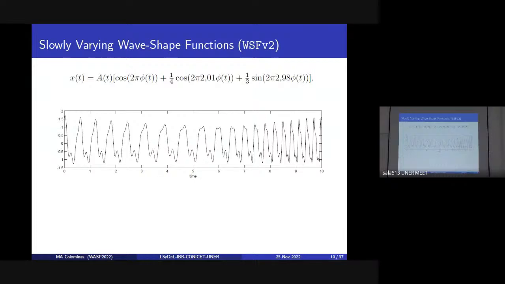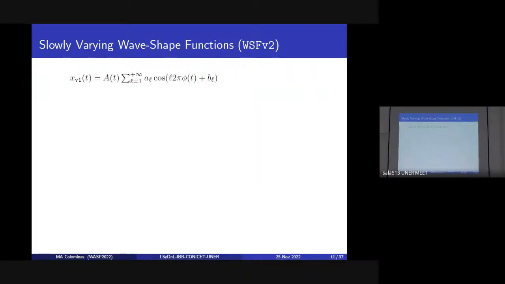And this is just a comparison to the previous case, where these were with those integer multiples, okay?